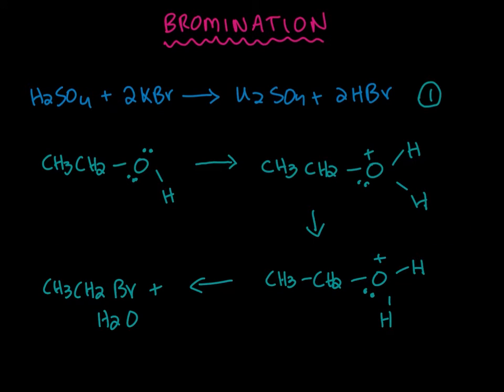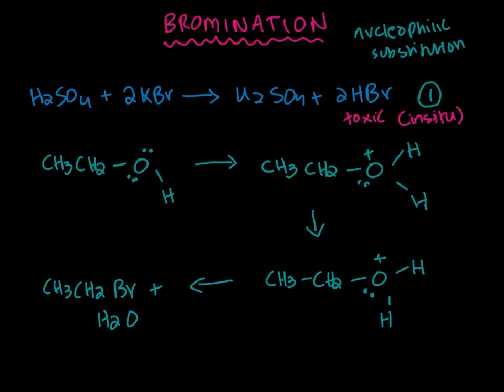The next reaction that we're going to be discussing is bromination of alcohols. And bromination is a type of nucleophilic substitution. In this case, the two reagents that you have are going to be your alcohol and HBr. However, HBr is a toxic gas, so you prepare it in situ.